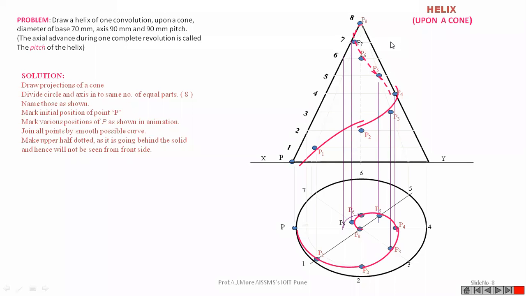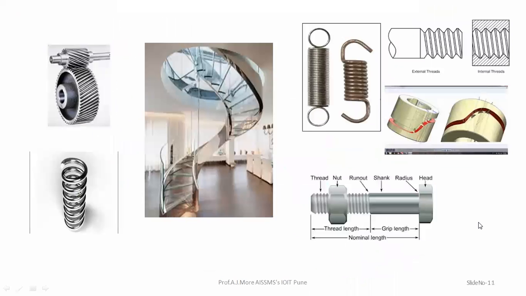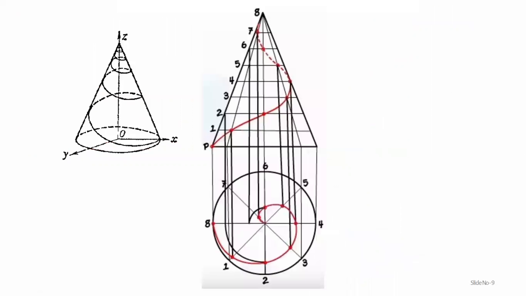So next we'll go ahead. There will be the curve which you have to draw by using curves, with actual practice in the system or by using instruments. So you can see the actual diagram of the helix on the cone.